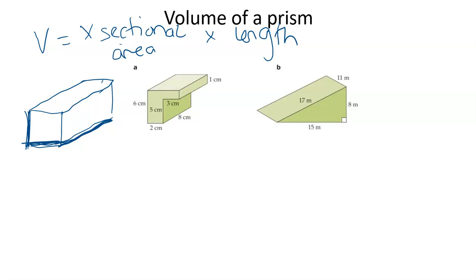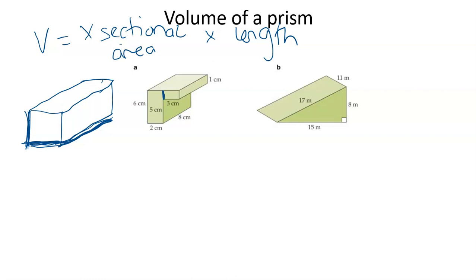So I don't really think about this formula when I'm doing a cuboid, I just times the three dimensions of the cuboid together. This is kind of two cuboids together. You can almost imagine cutting that off, and so we can work out the area of these two bits and then add them together to get the whole area, and then once you've got the whole cross-sectional area, just times it by the length.